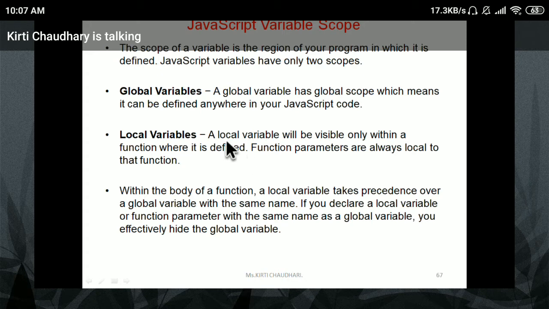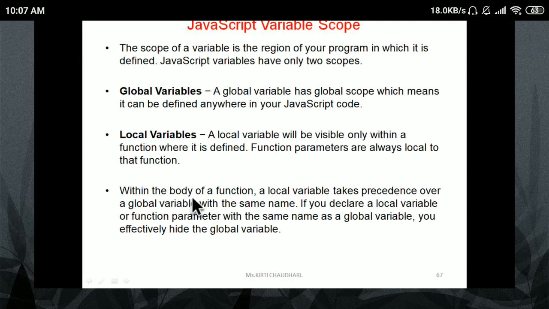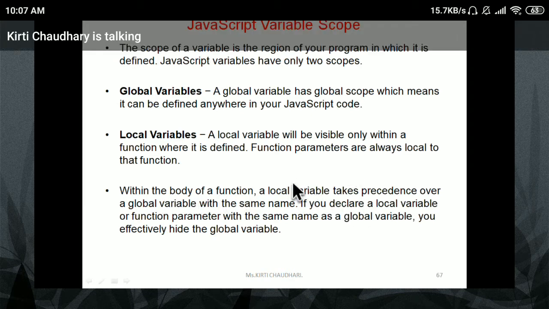A global variable has global scope, which means it can be defined anywhere in your JavaScript code. A local variable will be visible only within the function where it is defined. Function parameters are always local to the function. Within the body of the function, a local variable takes precedence over a global variable with the same name.